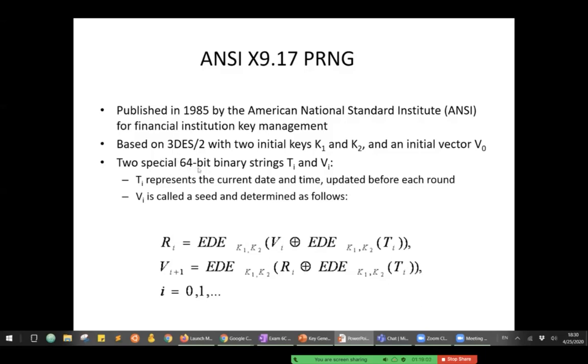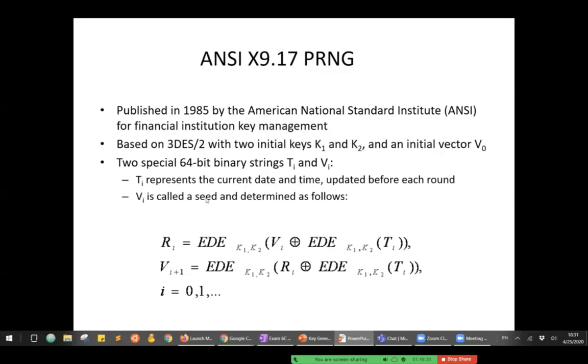The reason you use 64 bits is because DES takes a 64-bit block as input and also outputs a 64-bit ciphertext. Here, TI represents the current date and time, updated before each round.